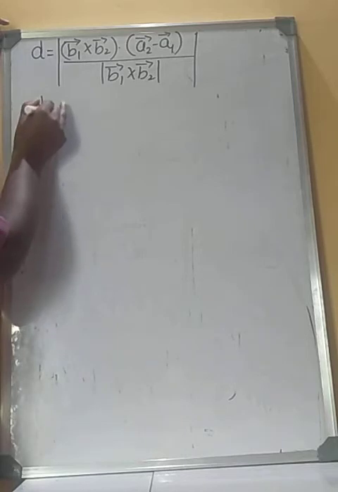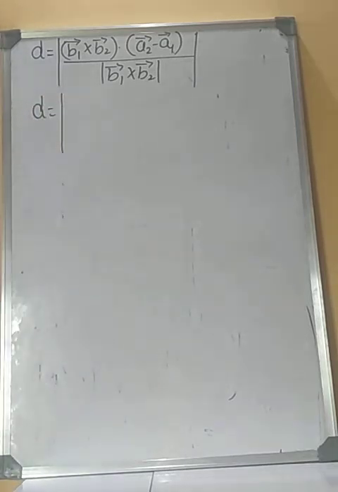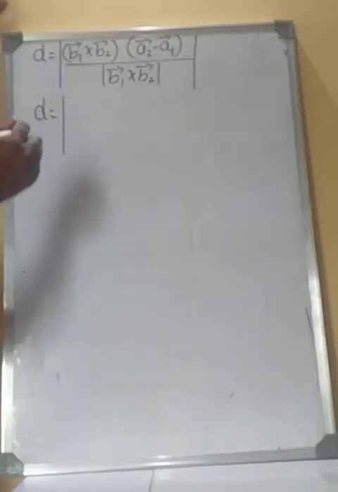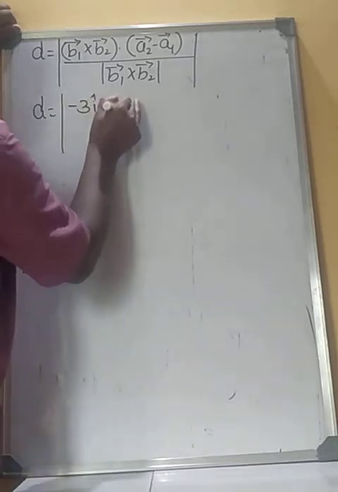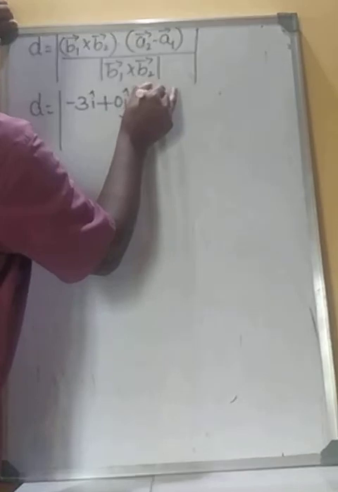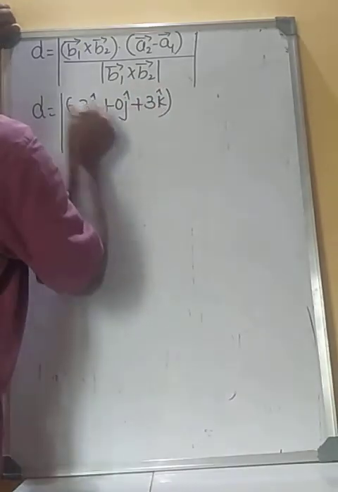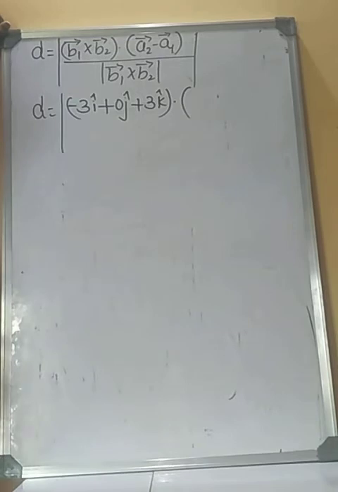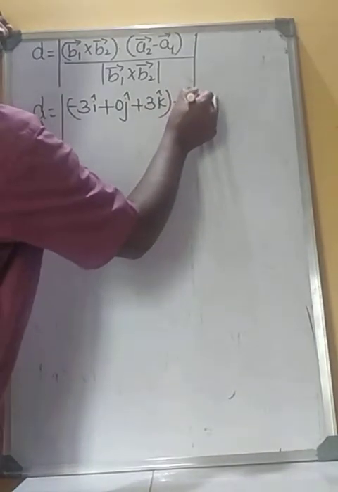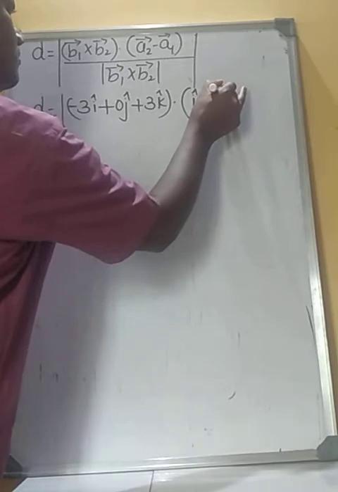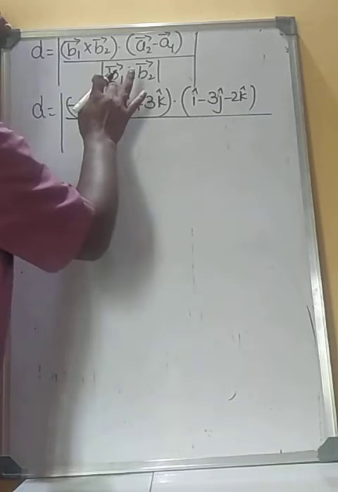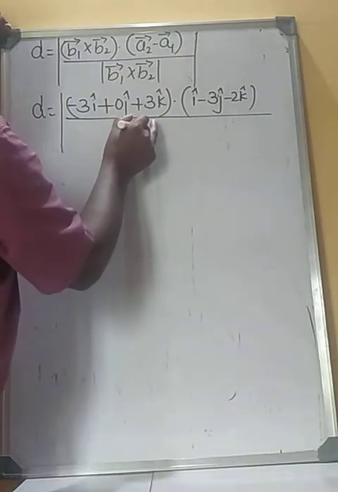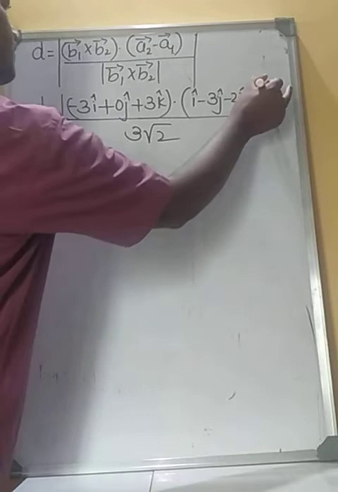So D is equal to the magnitude of (minus 3i plus 0j plus 3k) dot (A2 minus A1, which is i minus 3j minus 2k), divided by the magnitude of B1 cross B2, 3 root 2.